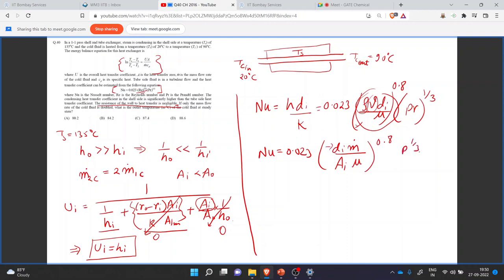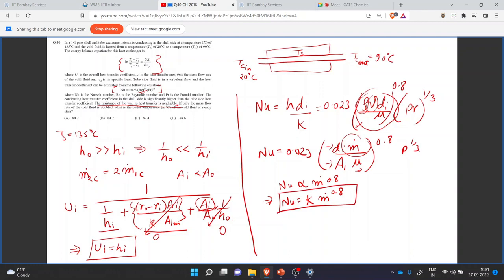So the diameter will remain constant, the area of the inner side will also remain constant, and mu will also remain constant. Only the variable is m dot, that is the mass flow rate. So from this we can write the Nusselt number is directly proportional to m dot raised to 0.8. That is, Nu is equal to k times m dot raised to 0.8. That is the correlation between the Nusselt number and the mass flow rate.